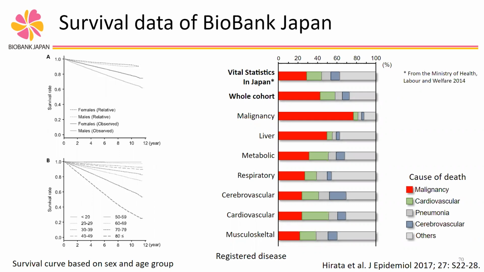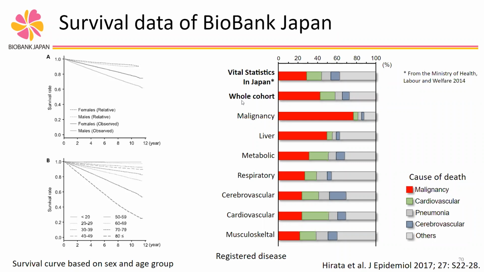And the proportion of the cause of death from the whole vital statistics of Japan indicates that malignancy is the leading cause of death in Japan. Compared with that data, the Biobank Japan participants seem to be more likely to die of malignancy.